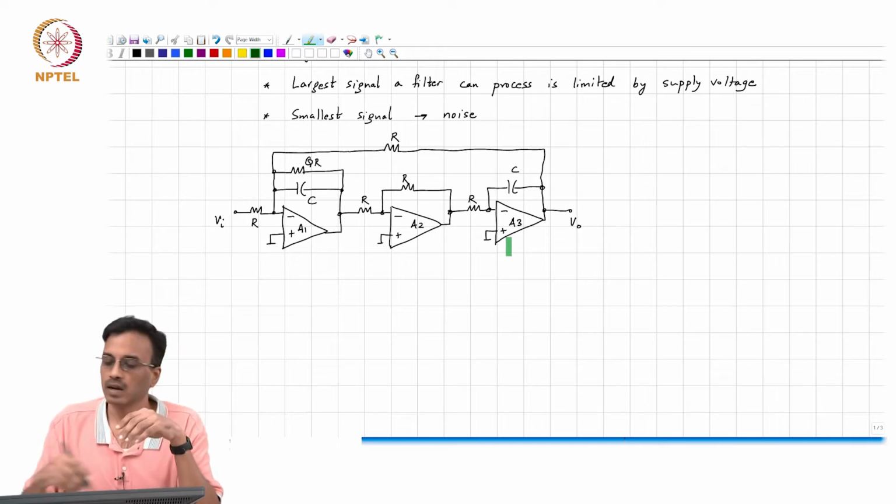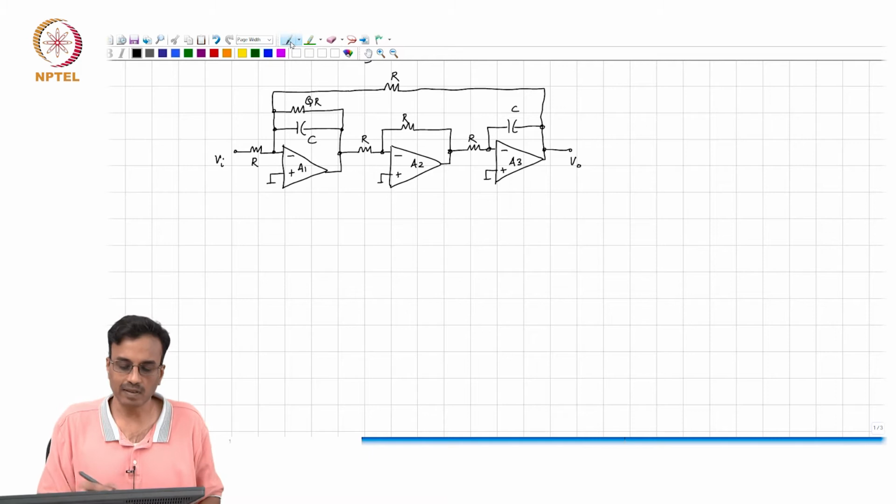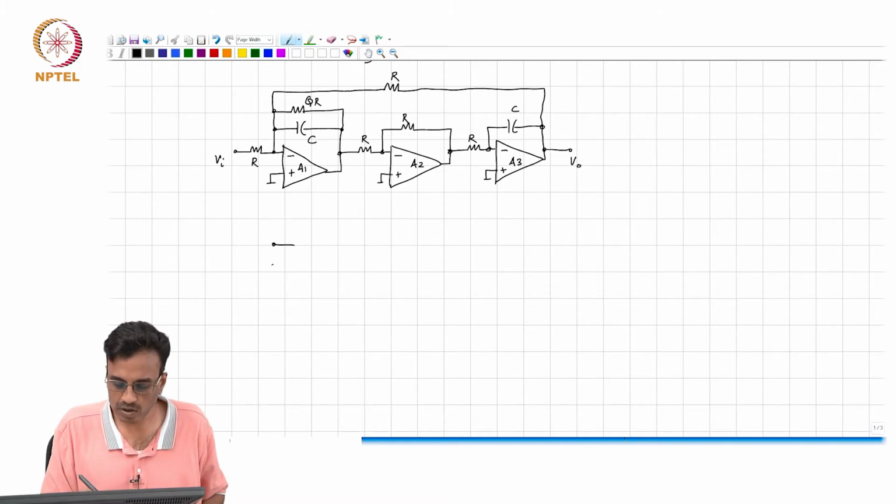And it turns out, as you've probably seen in your earlier classes, that a good model to use, and we don't want to go into the internals of the op amp at this point, because that will take us too far astray.